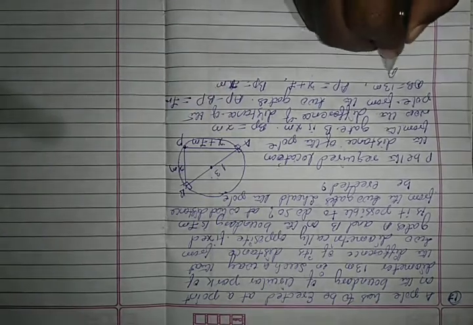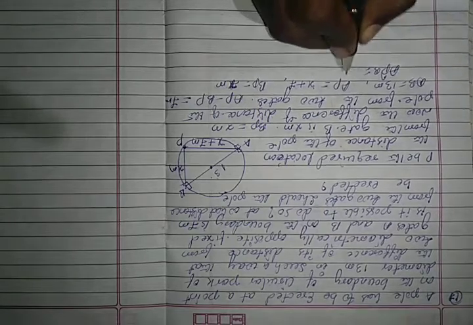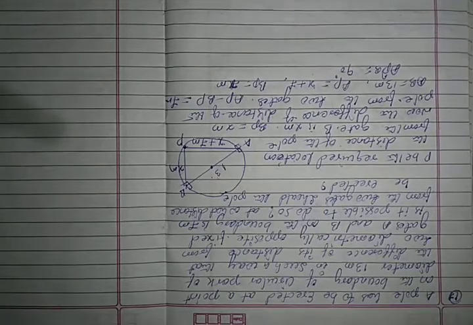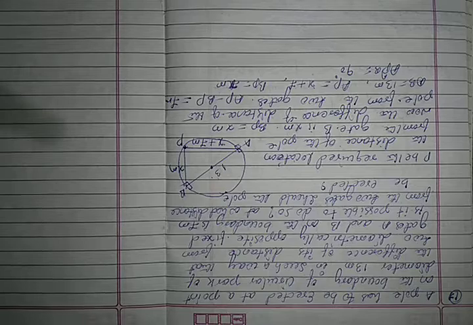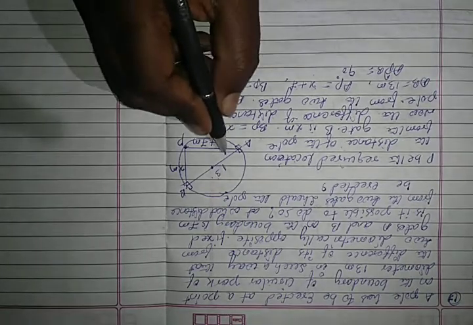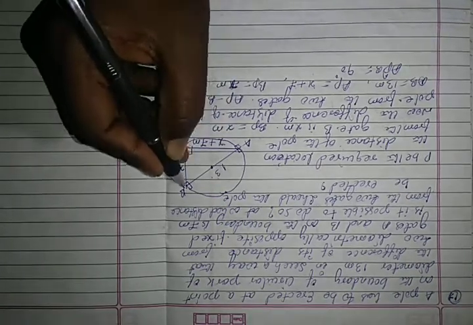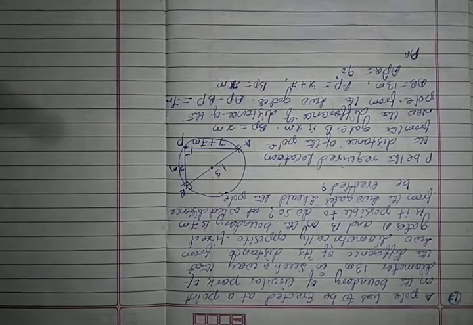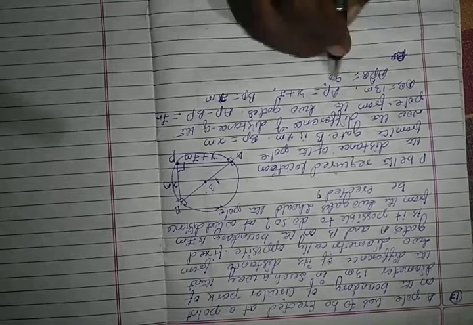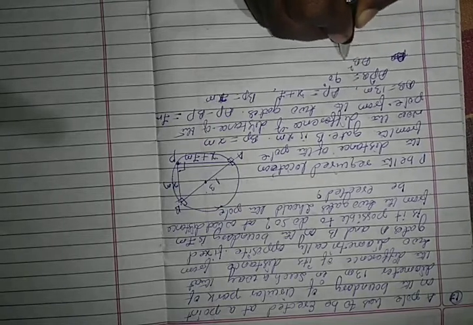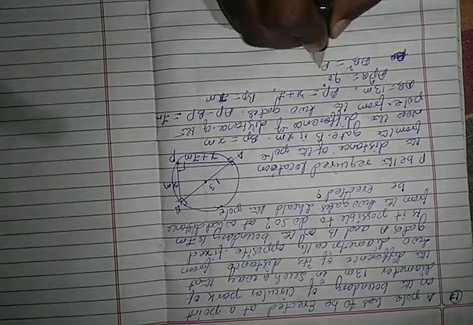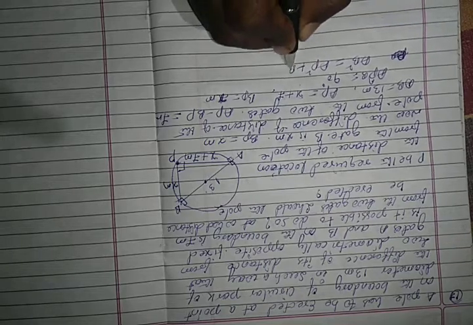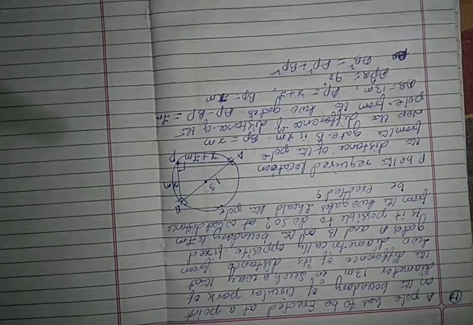So angle APB is equal to 90 degree, that is right angle triangle. So hypotenuse is AB. AB square is equal to AP square plus BP square.